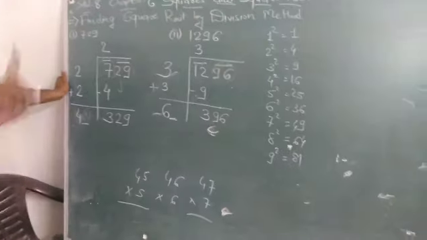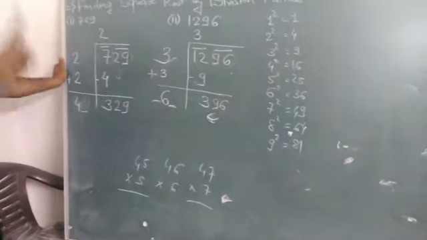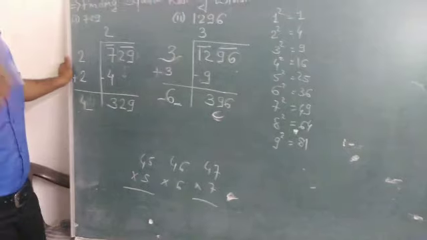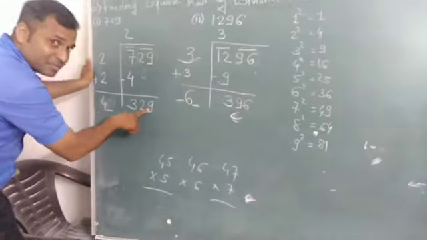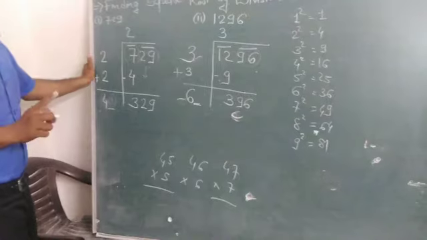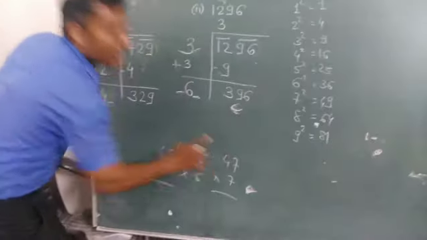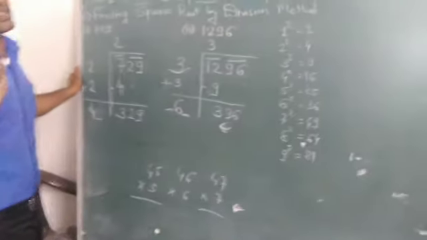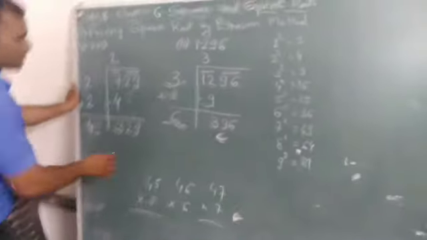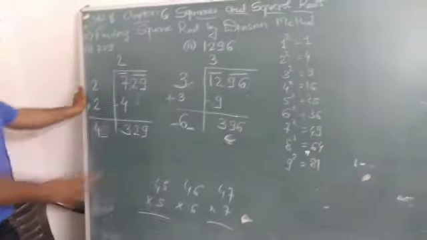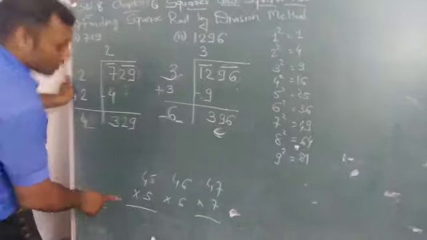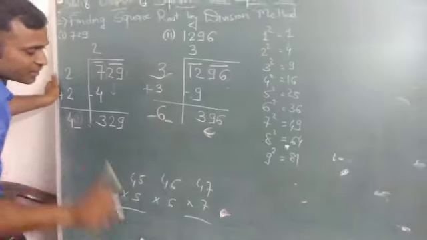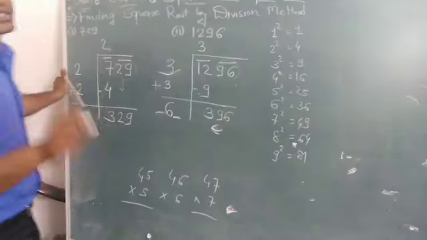Okay. But one thing, the divisibility rule. Use the divisibility rule. Here the last digit is 9. So what do you find? 7 7s are 49. Understand what I am saying? Last digit is 9, so use the divisibility rule. Because 5 5s are 25, last digit is 5. 6 6s are 36, last digit is 6.